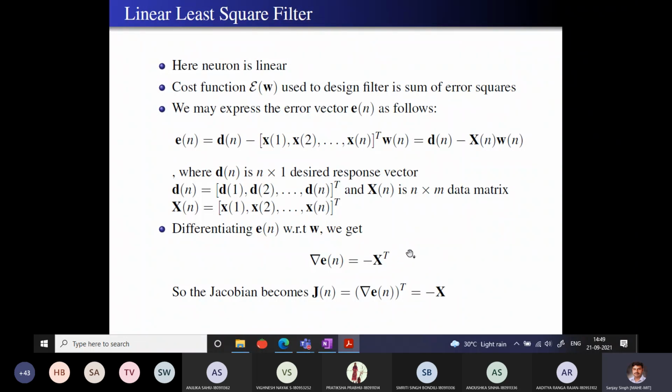Now I want to know from where this t came, where this transpose came. Anyone? Please. Please let me know from where this transpose came.